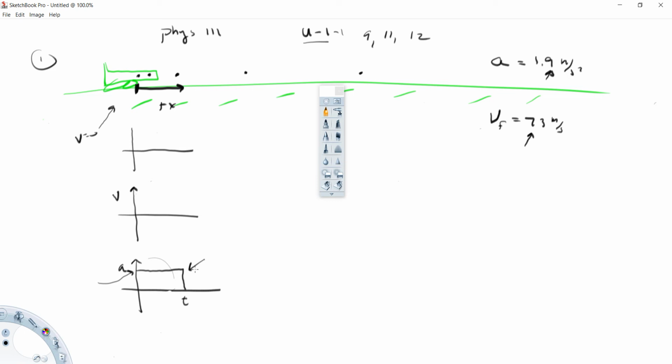Then you use this graph to get the equation for this one using this fact. Remember, acceleration's delta v over delta t. So your delta v is acceleration times delta t. Now, change in velocity is v final, which I usually just call v, minus the initial velocity of this jet, which is 0.